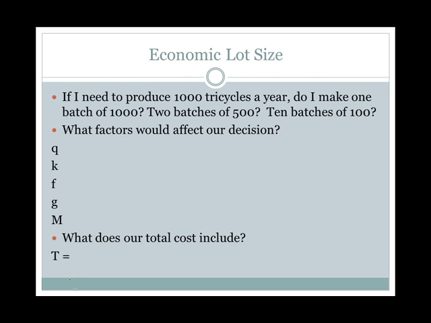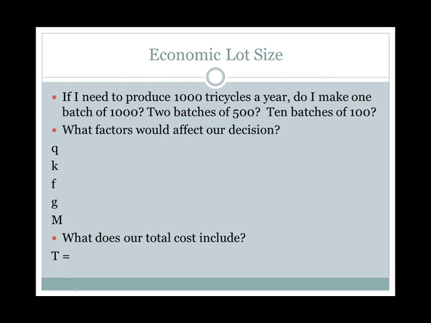So what if I knew I was going to make 50 cars this year? Would it be better for me to make all of those cars all at once, or would it be better for me to take those cars and make one a week? And again, what's the economy of that?